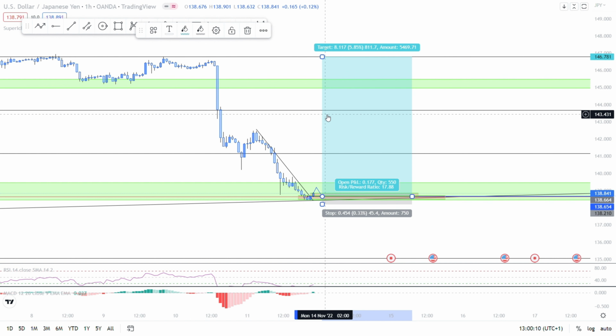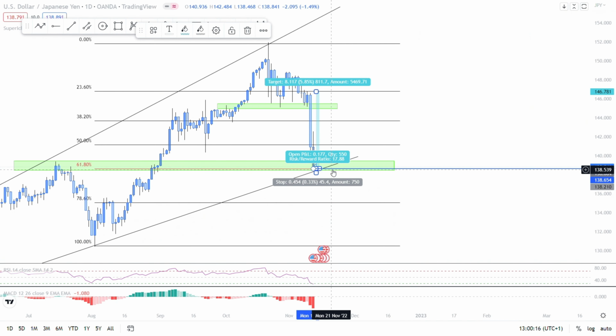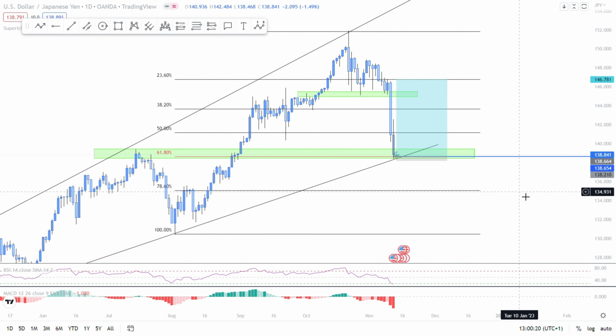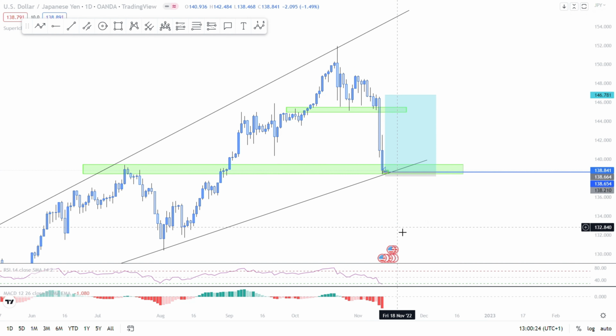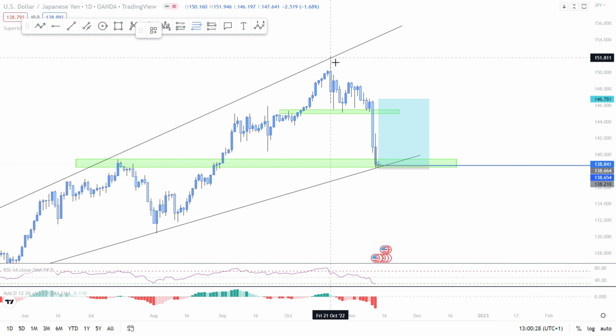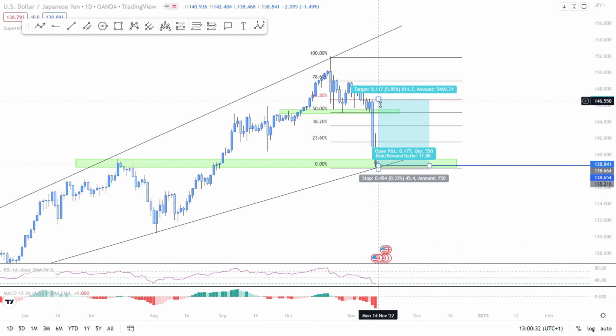All right, so there's potential take profits. If we go back to the daily, our take profit level, let me just delete that. Actually, no, I'll keep it. I'll put it back once I'm done to remind myself of the 61.8. Okay, so right there would be my take profits.